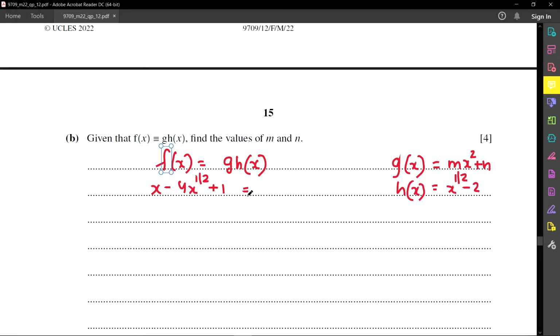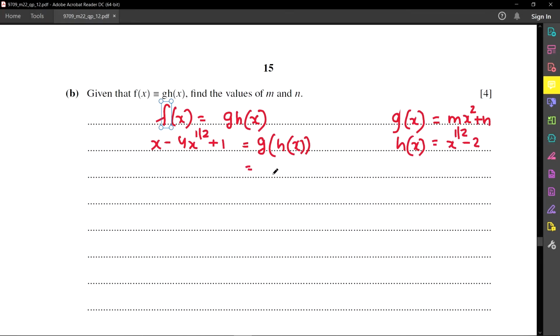So g of h of x: you're going to plug this in, m into x power half minus 2 whole square plus n.